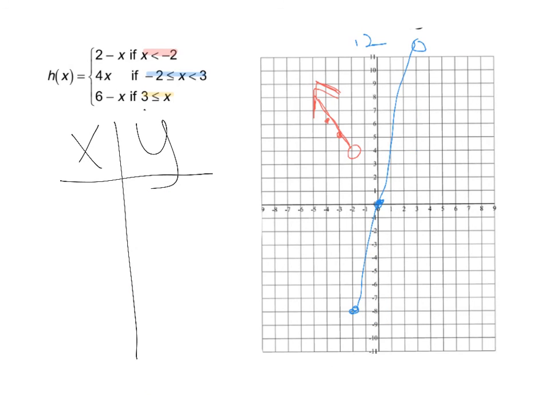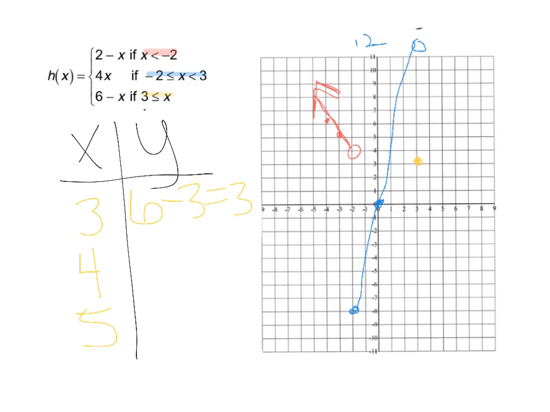Okay, so my boundary point for my domain here is 3, and it's saying x is greater than or equal to 3, so I want to plug in other values that are greater than 3, such as 4 and 5. If I use my rule of 6 minus x, I start off with 6 minus 3 to get 3, and I would plot the point (3, 3) using a closed dot because of the equal to sign.